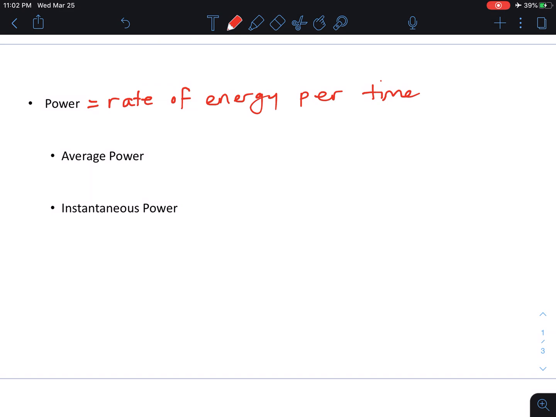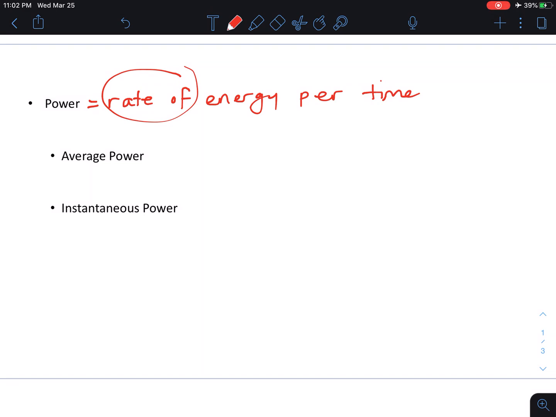And instead of energy, the real definition we said was the rate at which work is done by a force. But what is work done by a force? It is a way to add or take energy in or from the system. So this word is important, rate of energy, and that's what power is.